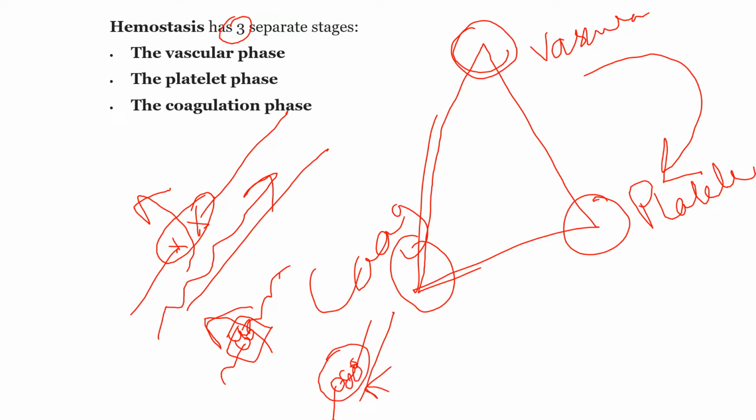Why? Because you don't have a glue-like material to support the platelets together. So this is the primary hemostasis. Once you fix platelets together by fibrin, which is a glue-like material, you will end with coagulation.